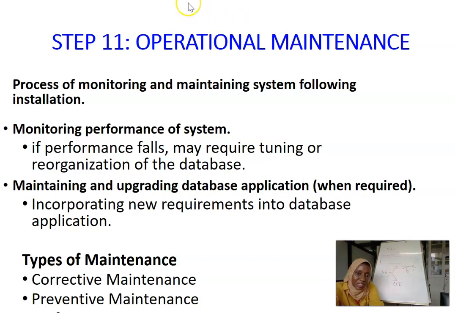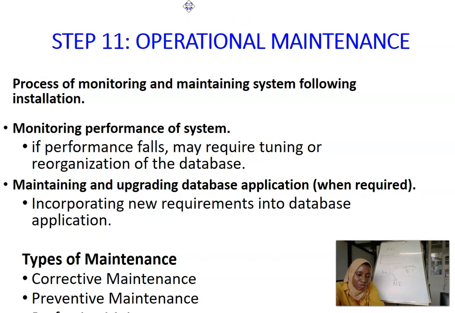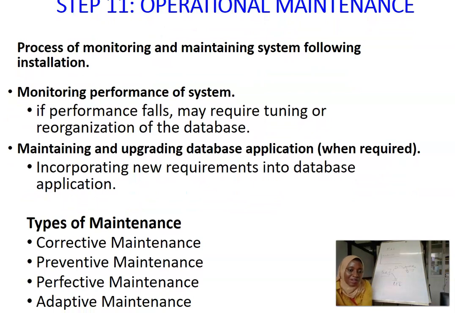We have different types of maintenance that we can do on our database. One, we have corrective maintenance. Corrective maintenance is where, for example, the system has been attacked by a virus, or there are some kinds of bugs in the system. So you correct by installing an antivirus, by installing anti-spyware, by correcting the system bugs.